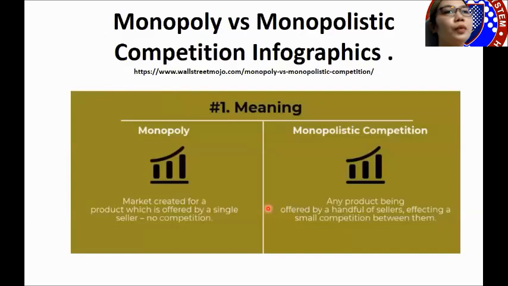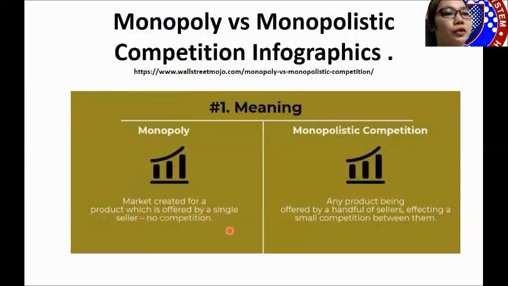Okay, so the word monopoly is quite similar to monopolistic competition. So let's identify the difference between monopoly versus monopolistic competition. If we base on the meaning, monopoly, diba, involves only one seller or producer and there's no competition. It is a market created for a product offered by a single seller.